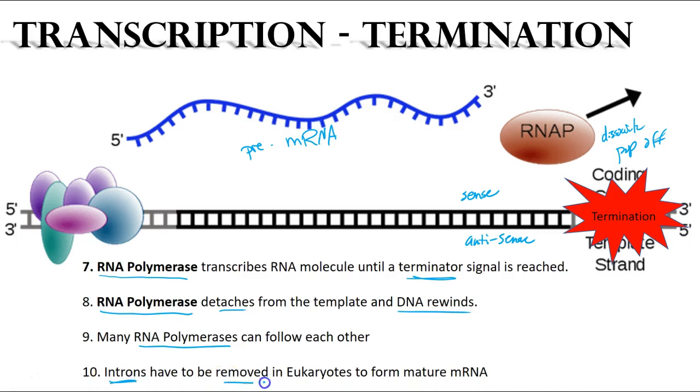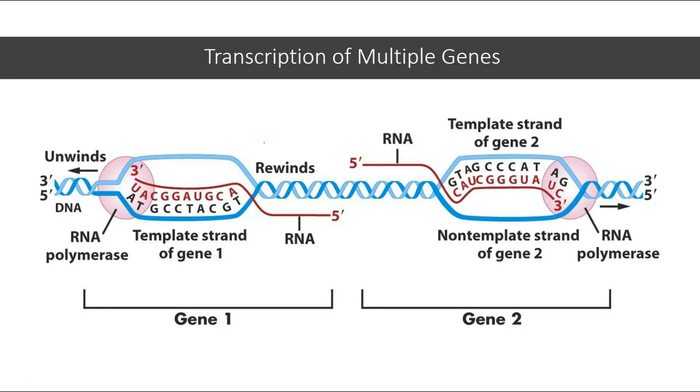Introns, though, have to be removed, and the mature mRNA has to be made. That's called mRNA processing. We will talk about that in the next video. Okay, but for now, we've gone through transcription from an initiation, elongation, and termination standpoint. If you have questions, make sure you bring those to class.